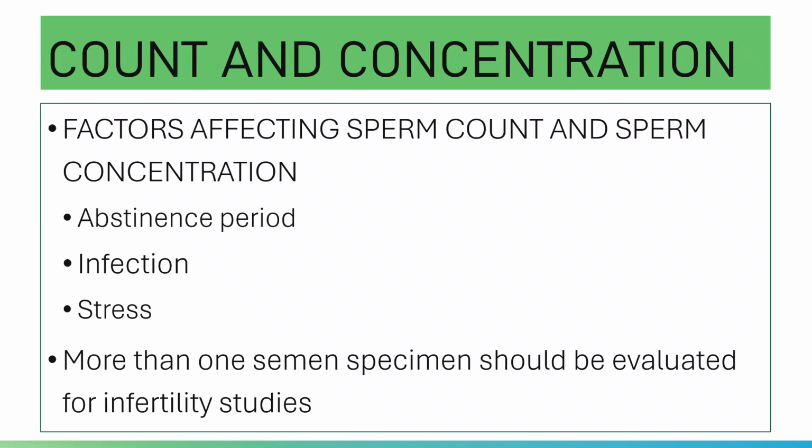That is why more than one semen sample is required for infertility studies. One sample is not enough. You need at least 2 to 3 samples at 2 to 3 week intervals for fertility evaluation.